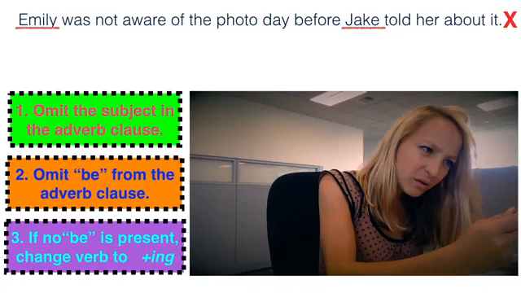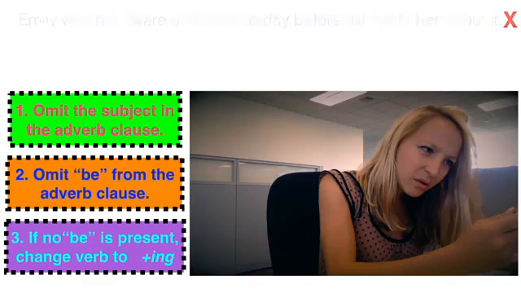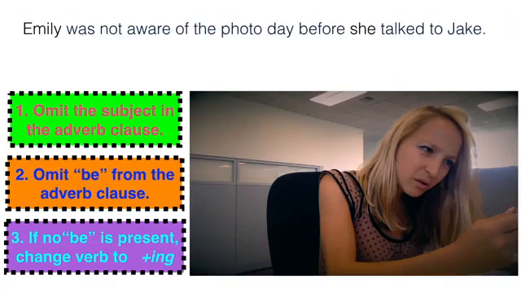Let's take a look at another sentence. Emily was not aware of the photo day before she talked to Jake. Now, Emily in the first clause and she in the second clause are referring to the same subject, which means we can reduce the adverb clause.